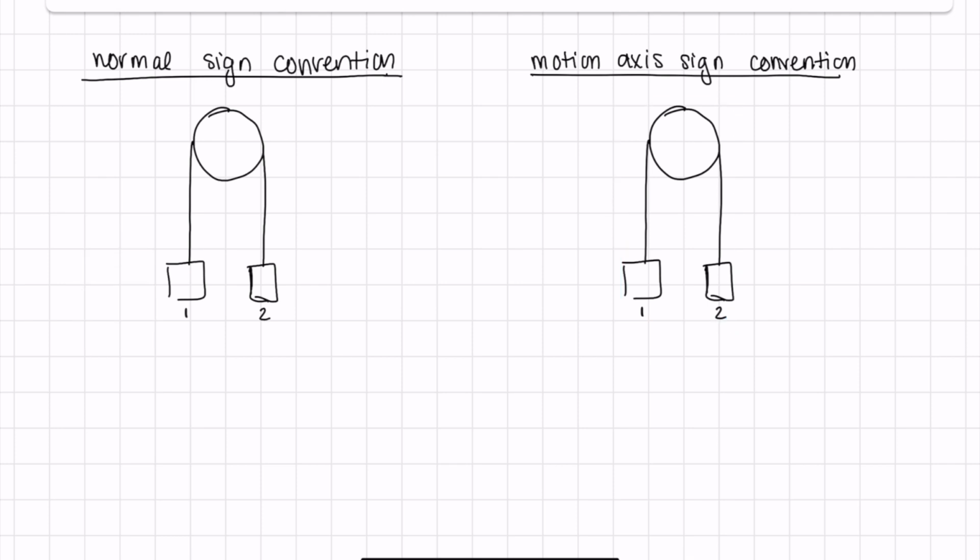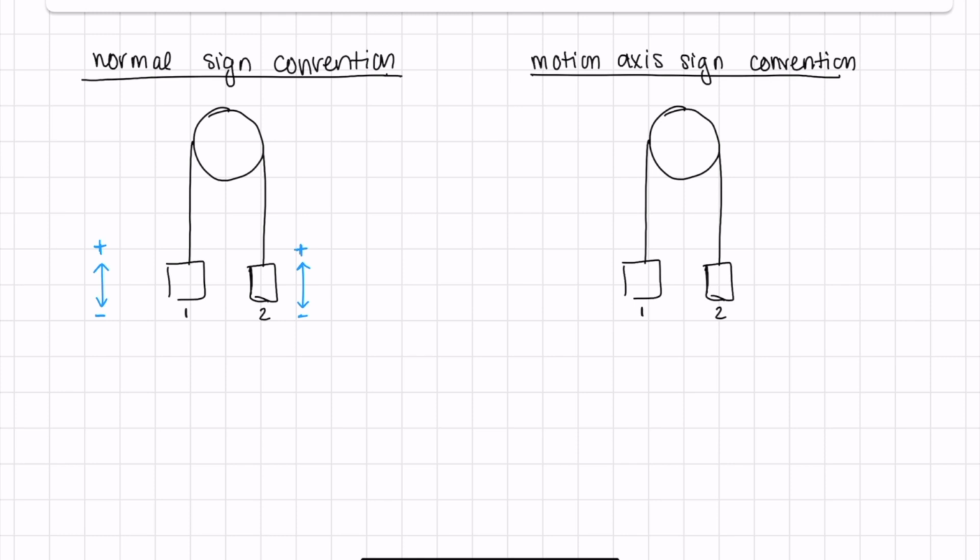So for our normal sign convention, I'm going to write the axes in this light blue. We're going to have down being negative, up being positive, and that's just tried and true. That's always the way it is.